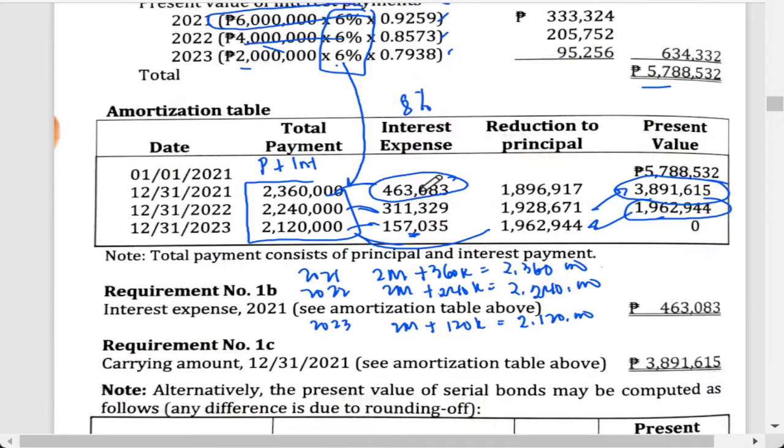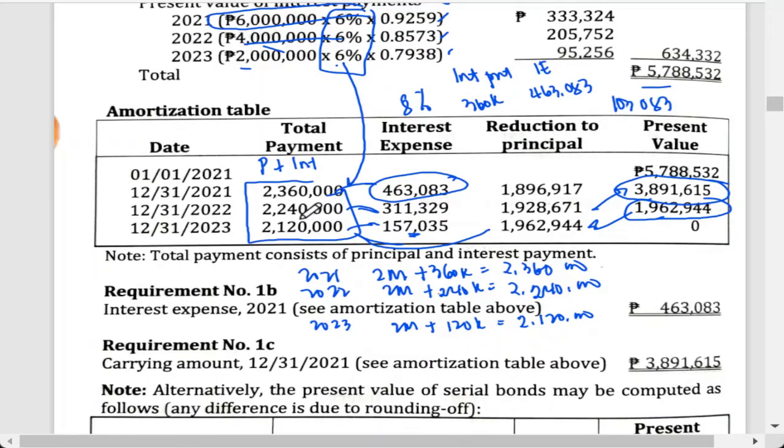This is our interest expense. And remember, our interest payment for the year is 360. So get the difference between the interest payment and the interest expense, 360 and 463,083. The difference is 103,083. That is the amortization.